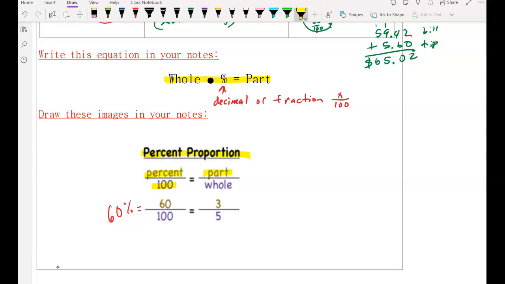That's the part to the whole, and you can calculate just about anything using this proportion, the percent proportion. 60% is 60 out of 100, and that can be simplified. If you divide by 20 here and 20 there, that's 3/5. But we'll talk more about that later too. I just want to make sure that you have this information copied down in your math notebook moving forward.